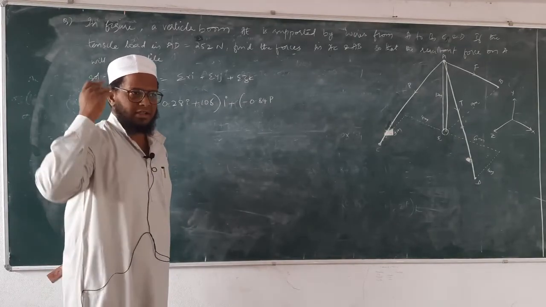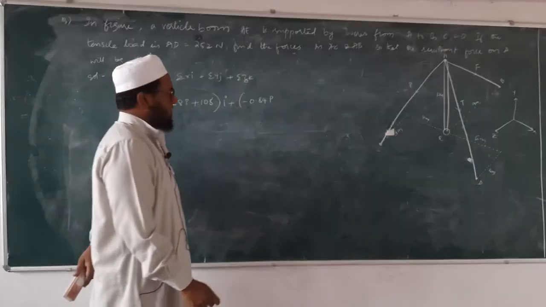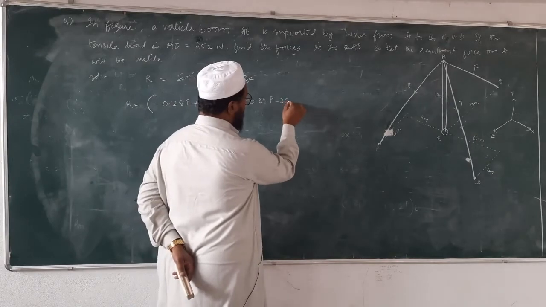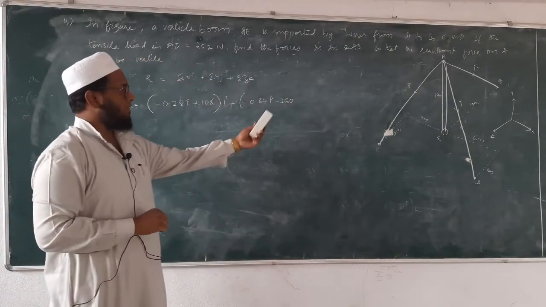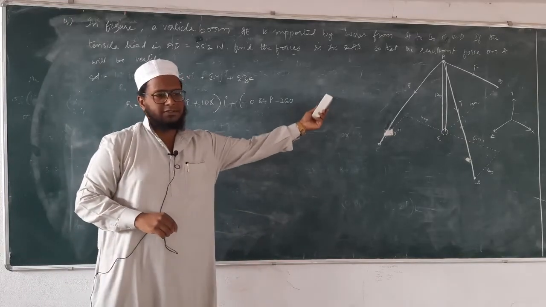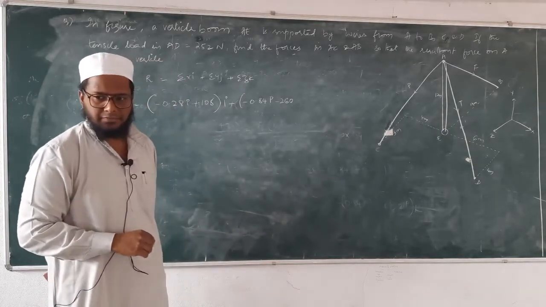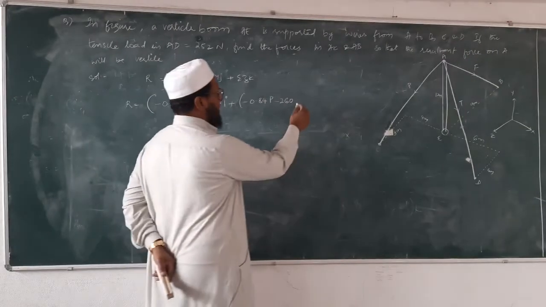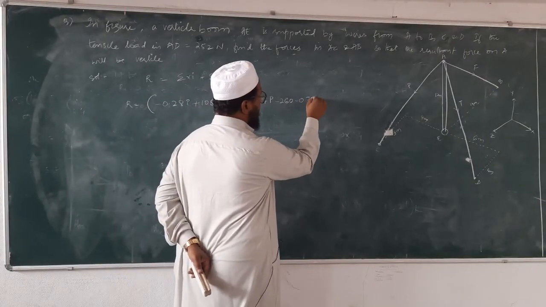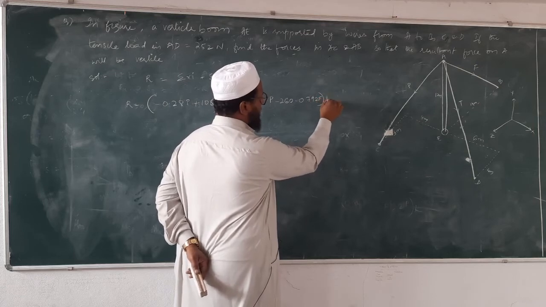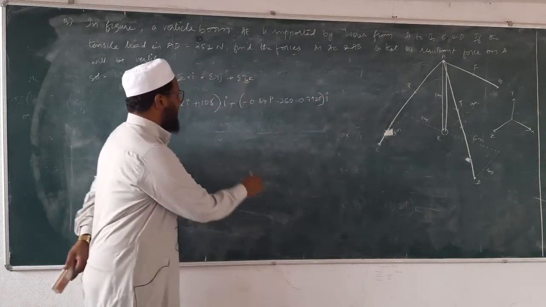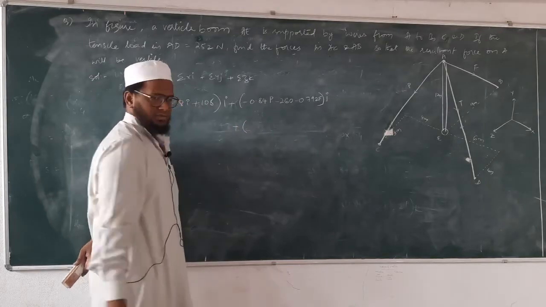Minus 260. Don't write j. First write the value. After completion of this one, we can write j. Minus 0.792 F, right? Into j. Similarly, k values.